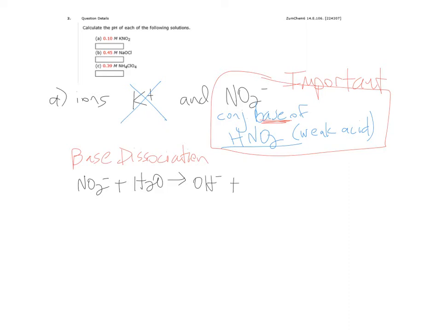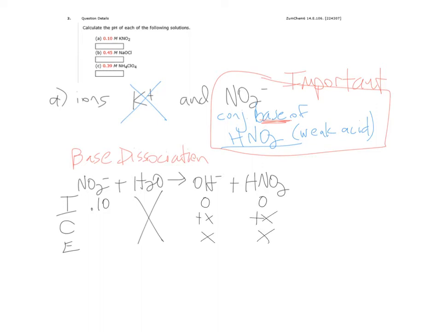We'll produce hydroxide and the conjugate acid of the base. We'll make an ice table with this. The pure liquid, water, drops out, and we'll refer to what the problem gave us for the initial concentration of 0.1 molar. They don't mention any hydroxide or nitrous acid to begin with, so we shift to the side with the zeros.